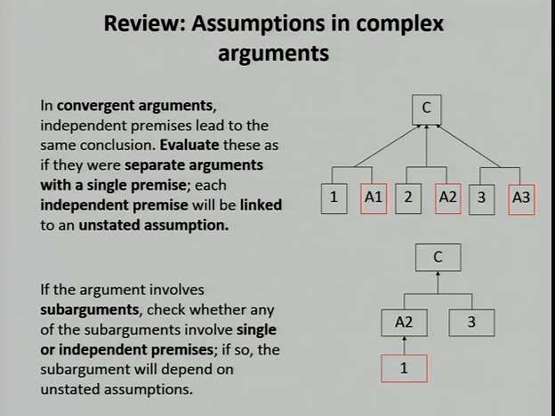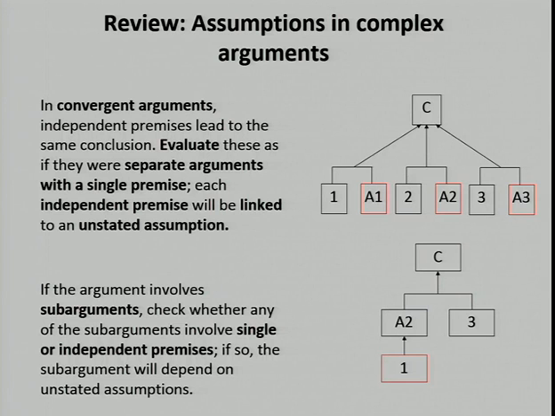So basically there the idea is just, again, to break those more complex arguments down into smaller units that then can be treated as just good old-fashioned simple arguments. The first example being arguments with convergent premises, with independent premises. These we would treat as a number of different arguments with a single premise that just happen to support the same conclusion.